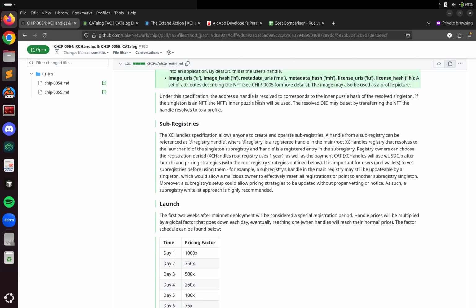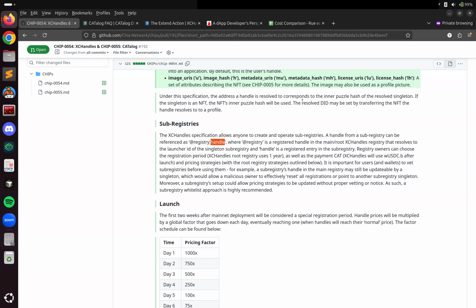And how this works is that you'd probably refer to handles in this special format. So in this case, someone registered a handle in the main registry, and that points, instead of an NFT, to another registry where other people can register a handle.